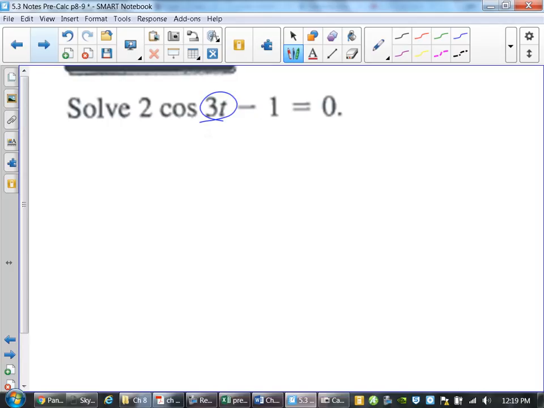So what we wind up doing is we're going to solve the equation the exact same way as you would if it was just x. Okay? So what I'm going to do here is just rewrite this so you can see how this sets itself out.